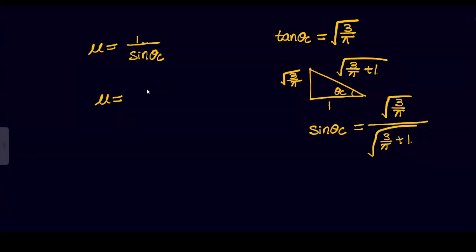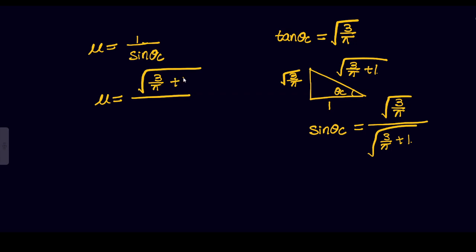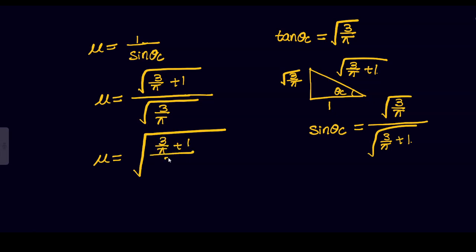So this value, reciprocal of this thing now, so it's square root of 3 by pi plus 1 by square root of 3 by pi. Then this we can write as under root of 3 by pi plus 1 by 3 by pi.